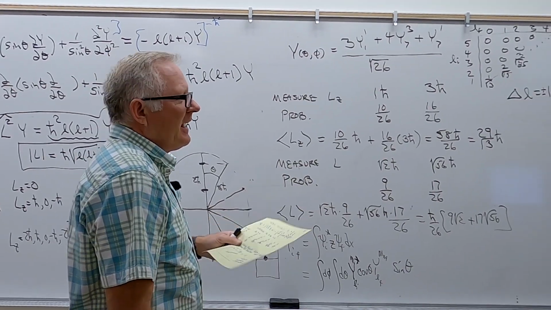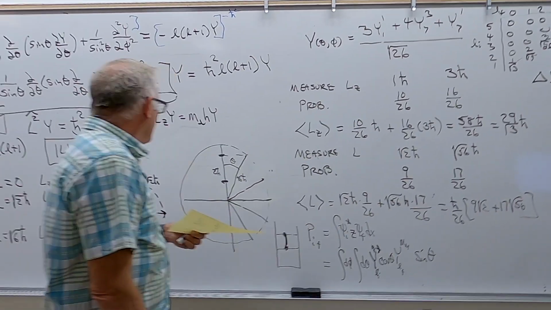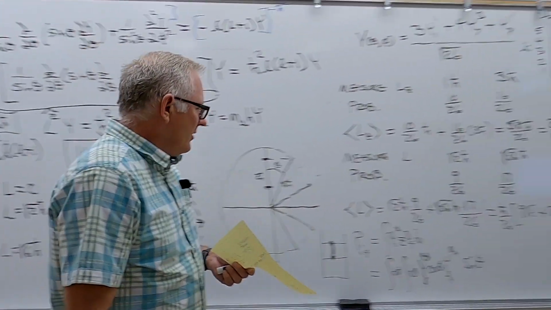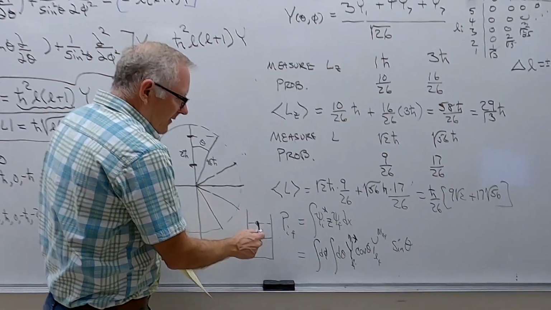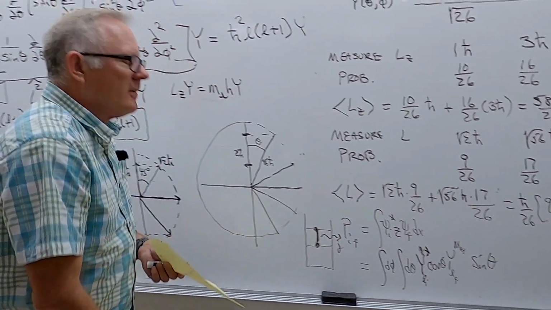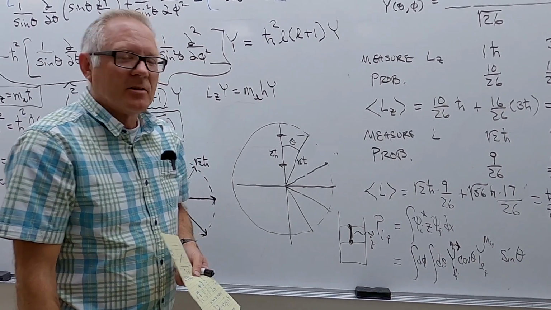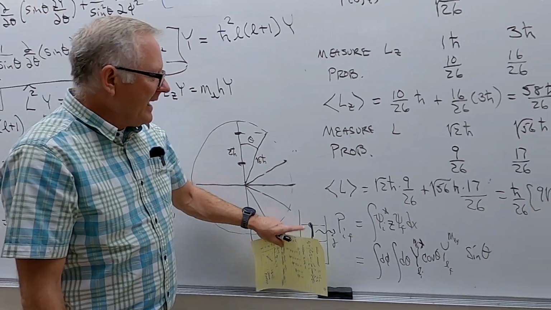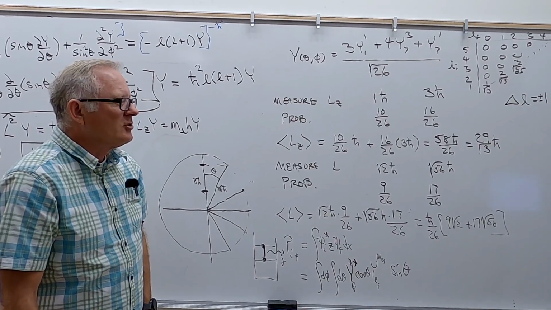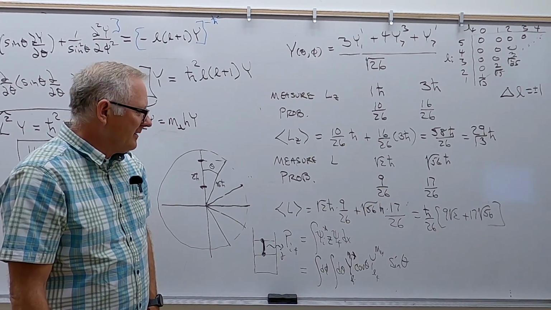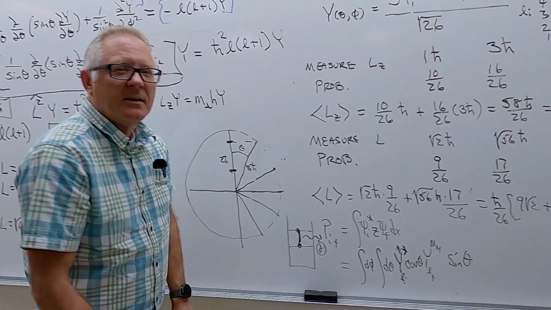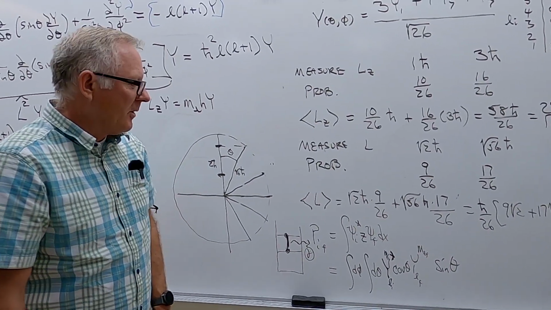Remember, L is related to the total angular momentum. When this thing drops, what are we getting rid of? We're getting rid of a photon, and a photon carries angular momentum. If the atom loses 1 unit of angular momentum, delta L is 1, that must mean the spin of a photon is 1 h bar.